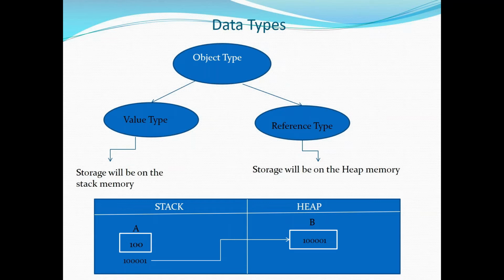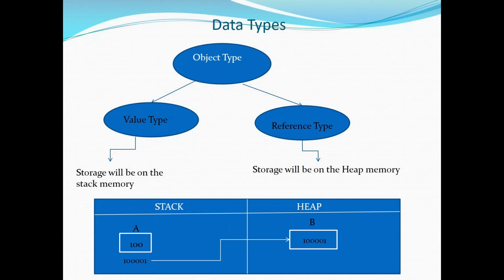Here we have two ways. If you want, you can directly go to stack and search it. Otherwise, you can go to heap and find your address. From there, you can directly navigate to the stack. That depends upon your requirement and the situation of the scenario. But if you directly go to stack, obviously you need to spend a lot of time to find a data member.